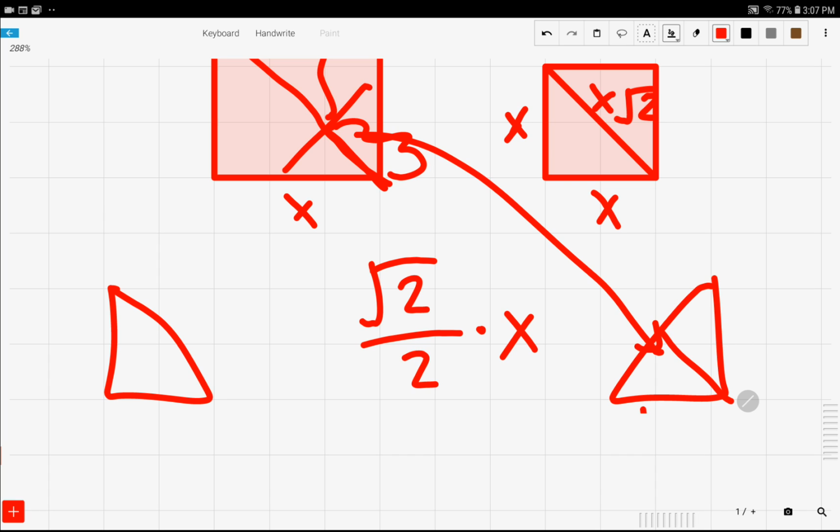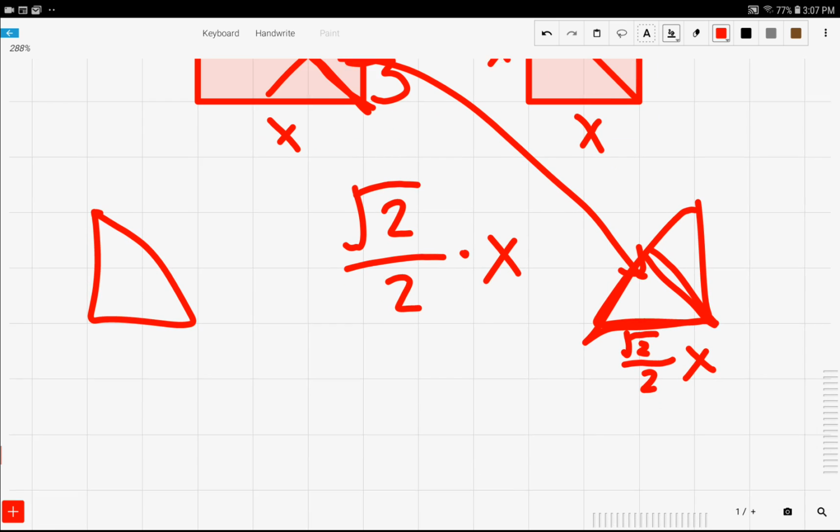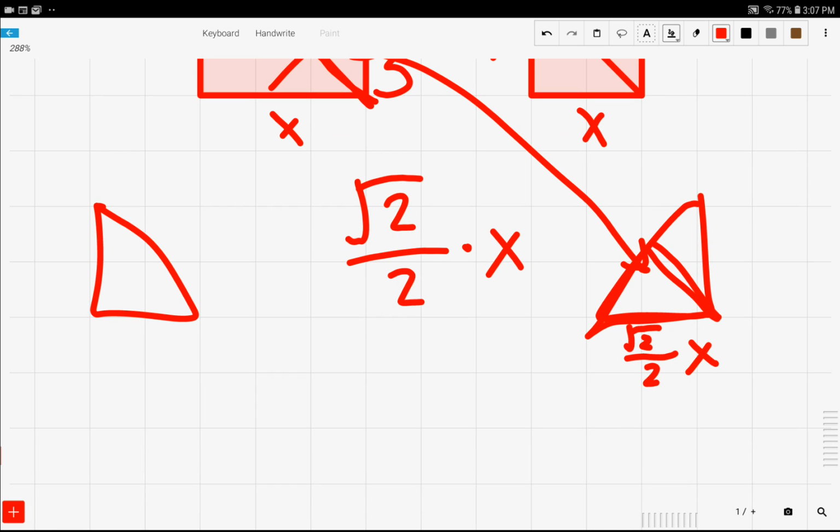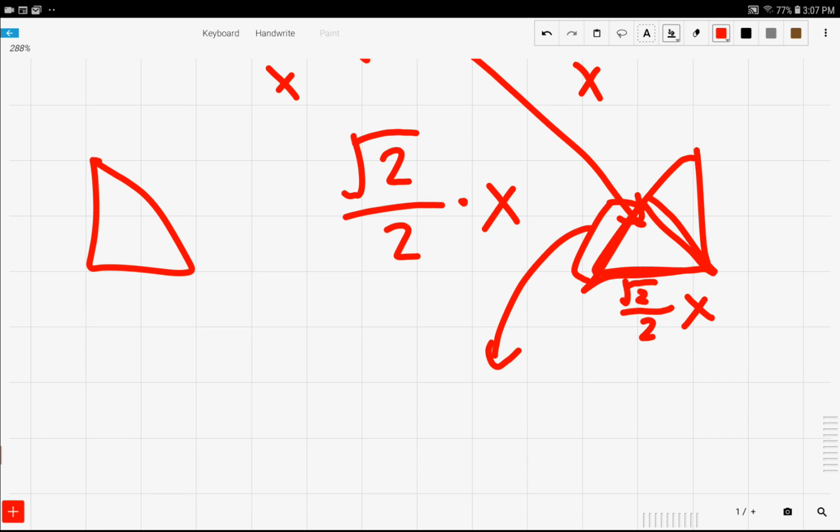So now we have a triangle with hypotenuse square root 2 over 2 x. Now what do we do with that? Because these are similar triangles, I'm not going to go into further detail, but we find that the length of this side right here is equal to 1/2 x.